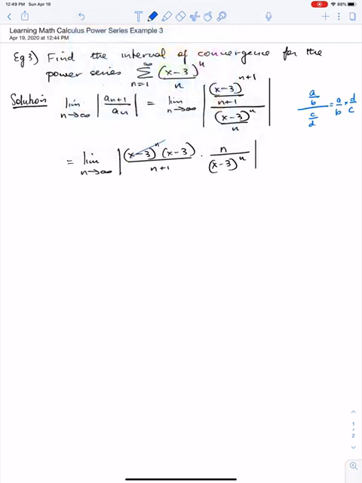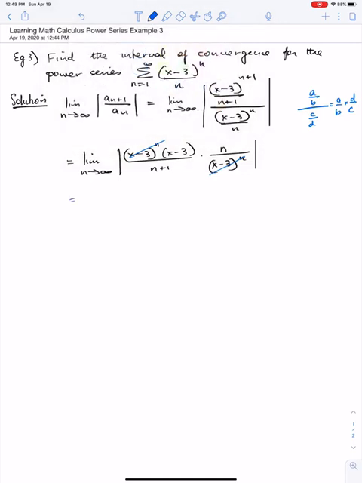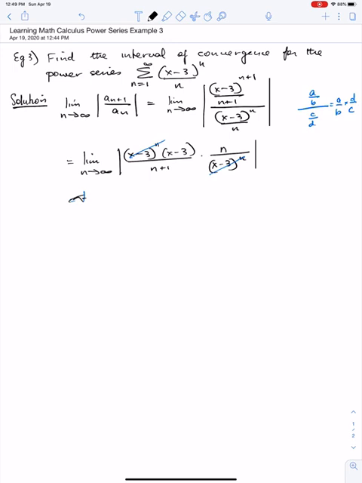So cancel out what you can. And what we're left with is, sorry about that, the limit as n tends to infinity of n over n plus 1, times (x minus 3).